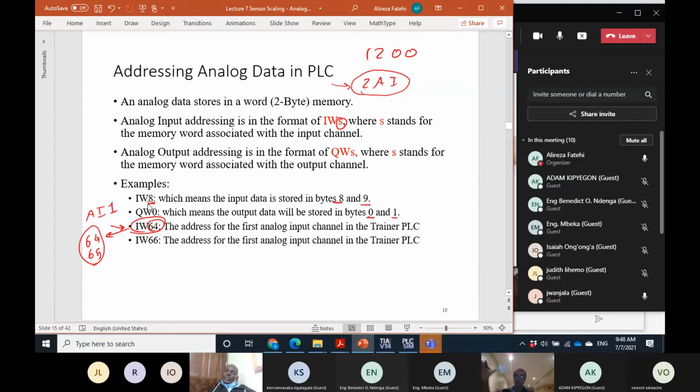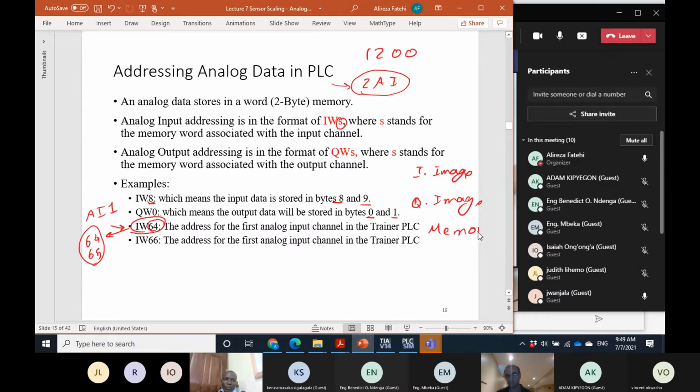They have input image memory, they have output image memory, and they have their own addresses, and they have bit memory, the internal memory.